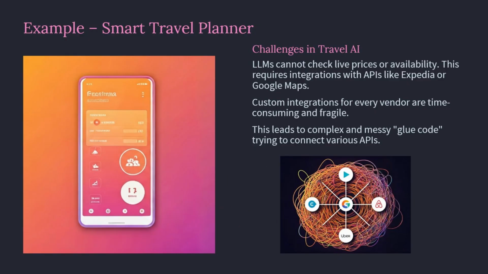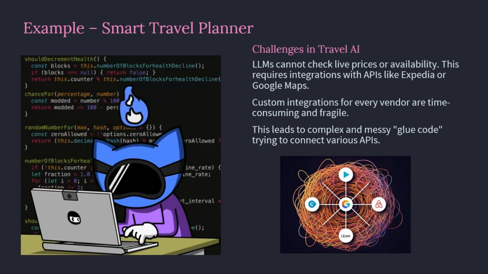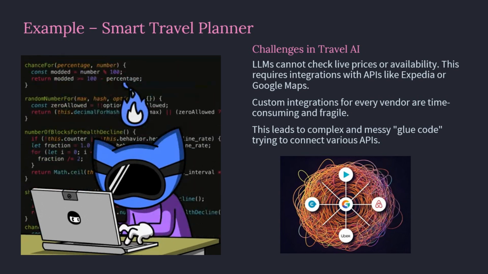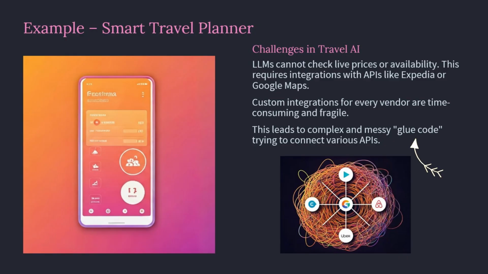Now, without MCP, developers would have to create custom integrations for each vendor, writing unique code for Expedia, another for Google Maps, and so on. This quickly turns into a nightmare of complex, fragile connections that break easily with any API update. We call this messy tangle of connections glue code. It holds things together, but barely, and requires constant maintenance. This is exactly the problem MCP solves. And next, we'll see how it creates a clean, standardized solution for these challenges.